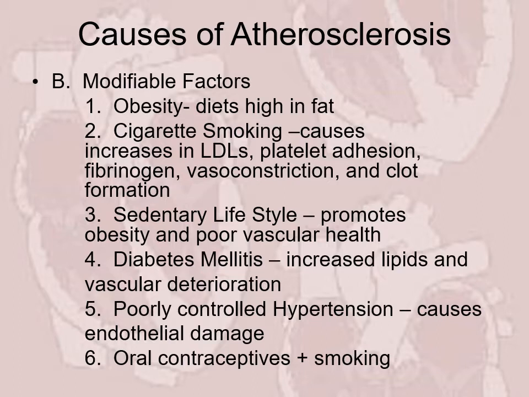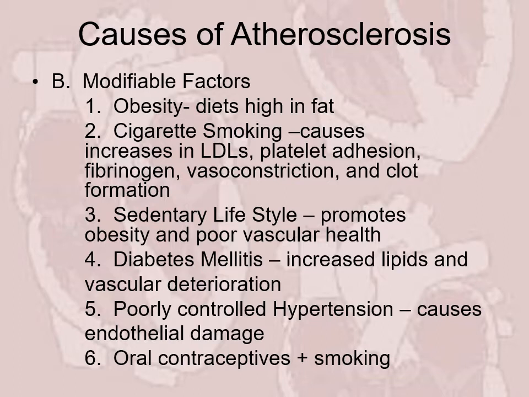Having diabetes increases lipid levels and vascular deterioration. Blood vessels tend to degenerate with diabetes. Poorly controlled hypertension causes endothelial damage, puts a lot of pressure on vessels, arteries especially.